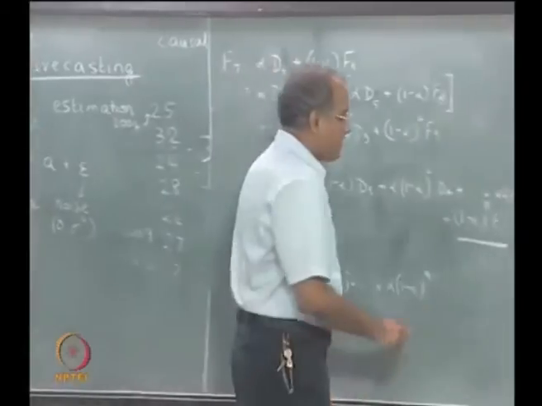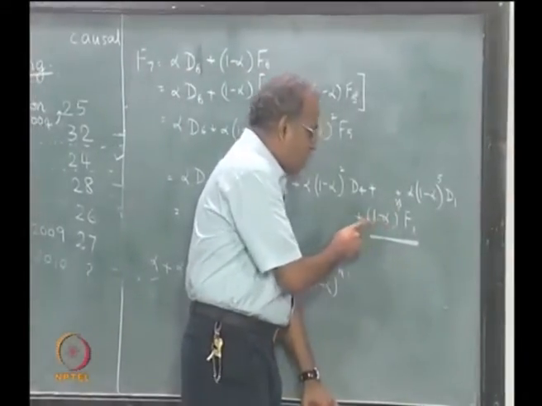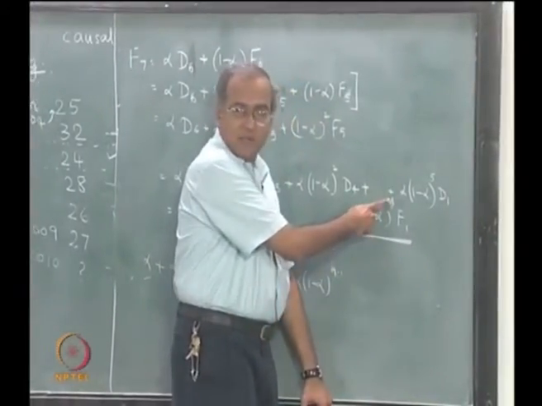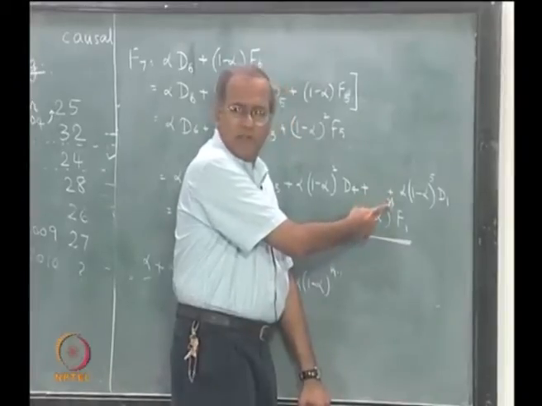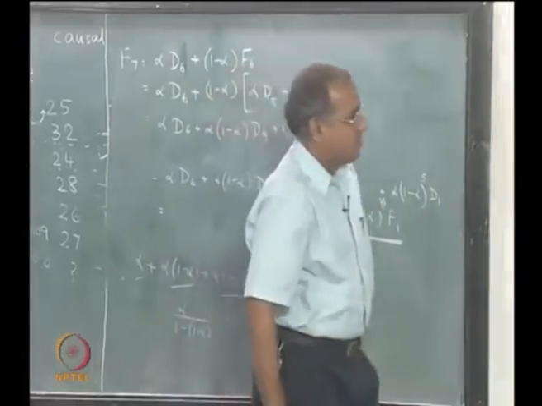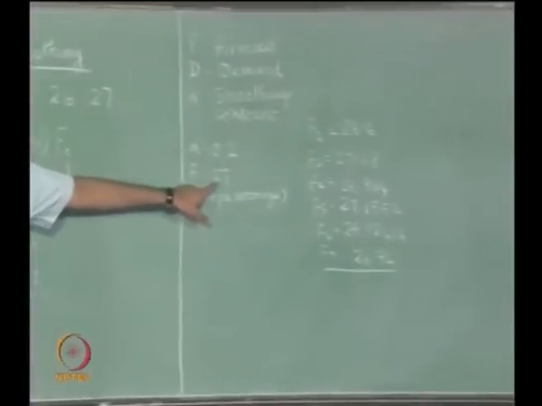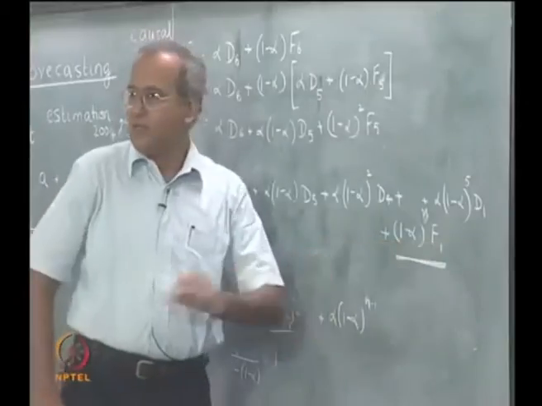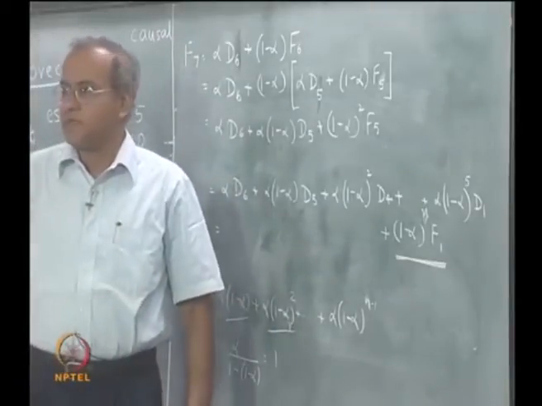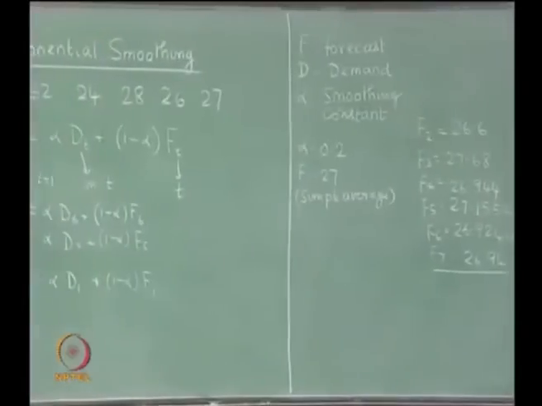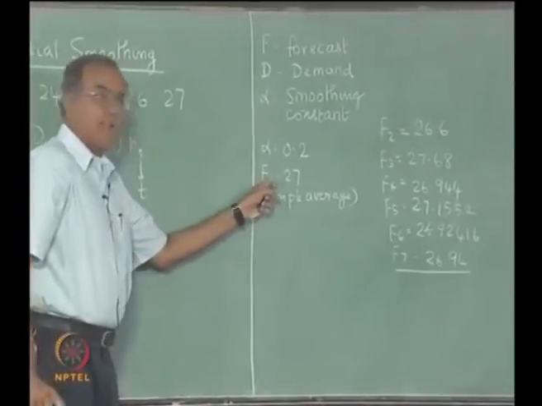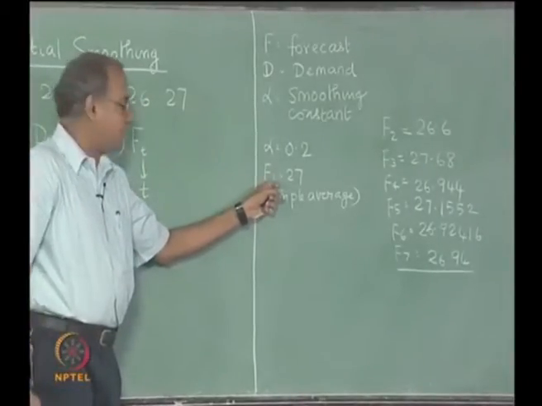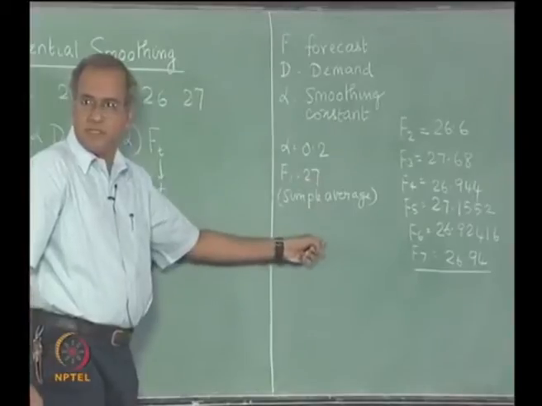Plus, the fact that this weight, 1 minus alpha to the power n, is very small, even for a reasonable value of n. So, the f equal to 27 actually does not impact the final answer significantly, because the weight associated with this f1 is practically 0. Therefore, the initial value of forecast can be taken as 27, which is the simple average.